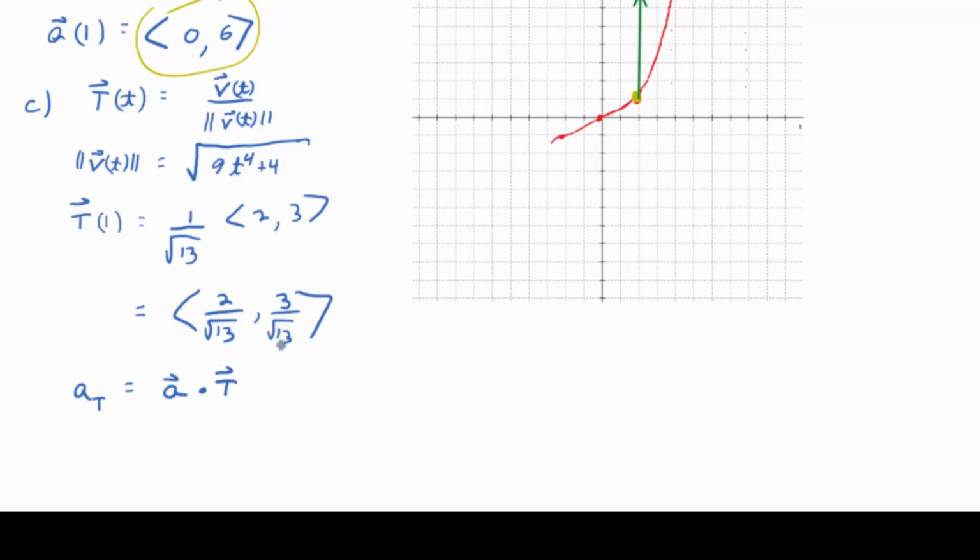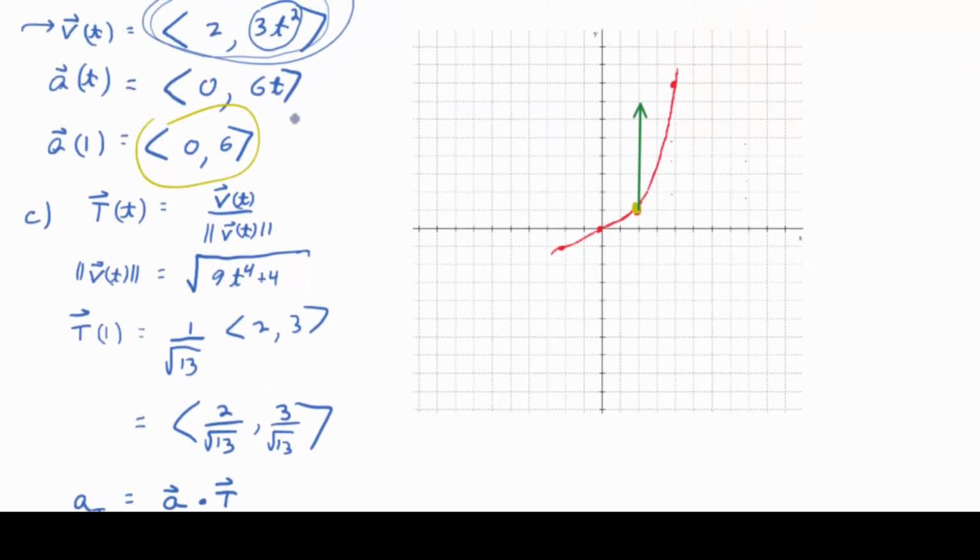So can't we make our life easier by evaluating it at 1 first and then taking the dot product? Well, is that even necessary here? Well, no, we already did it, didn't we? So what is that going to turn out to be? That dot product is the dot product of 0, 6, and this guy, right?